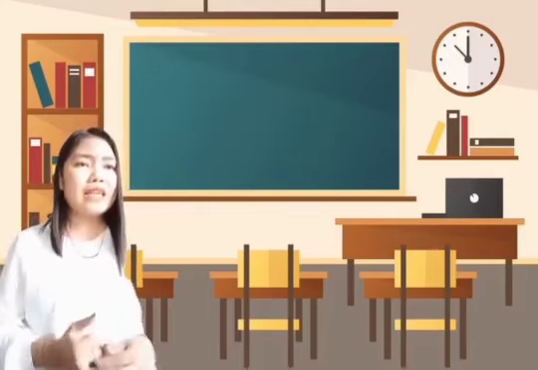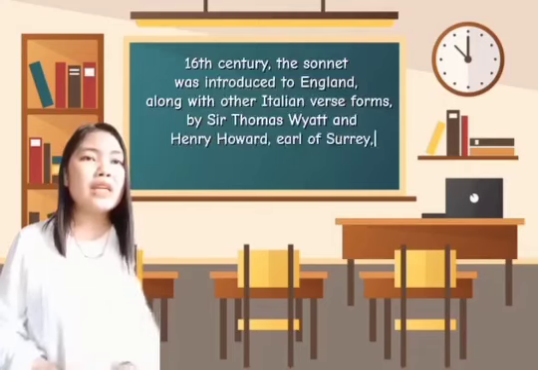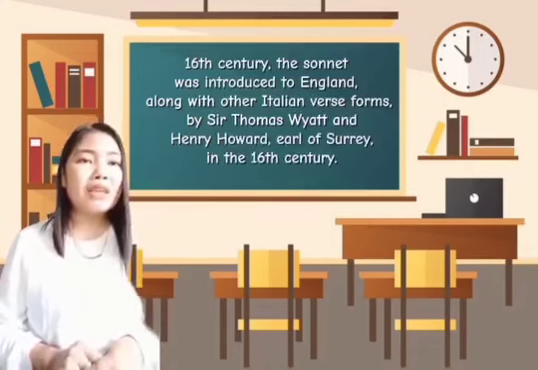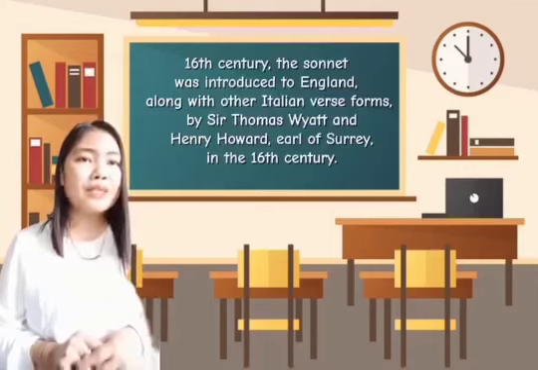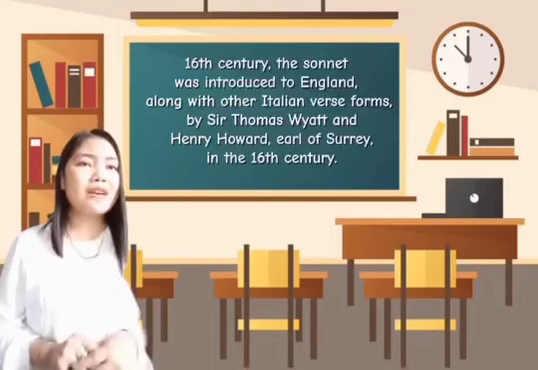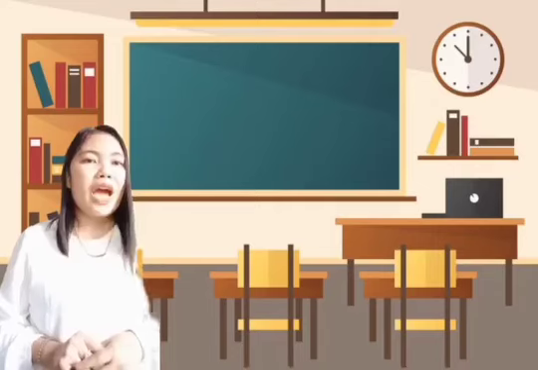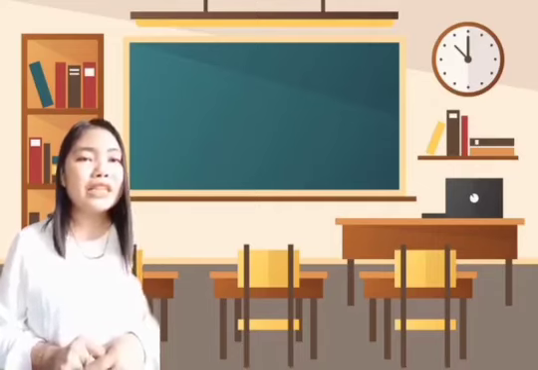In the 16th century, the sonnet was introduced in England along with Italian verse by Sir Thomas Wyatt and Henry Howard, Earl of Surrey. The new forms precipitated the great Elizabethan flowering of lyric poetry, and the period marks the peak of the sonnet's popularity in England.